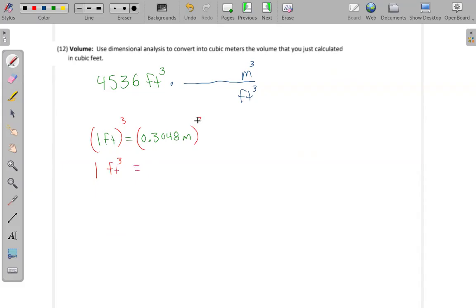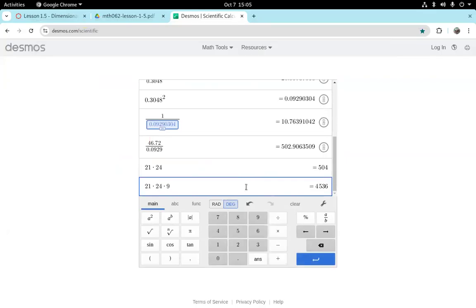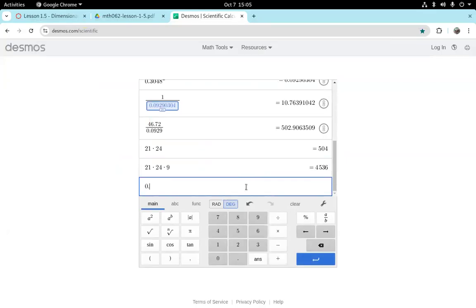On the other side, I have to cube this 0.3 number, which will give me a cubic meter measurement. All right, so let's try it. Calculator, please. All right, so 0.3048 raised to the third power gives me 0.02. I'll go with 4 decimal places like before, 0.0283.